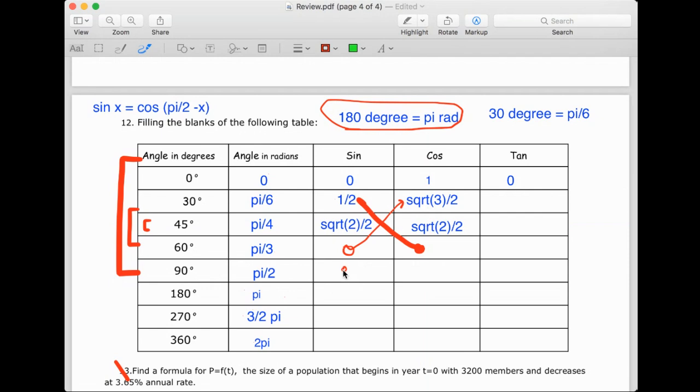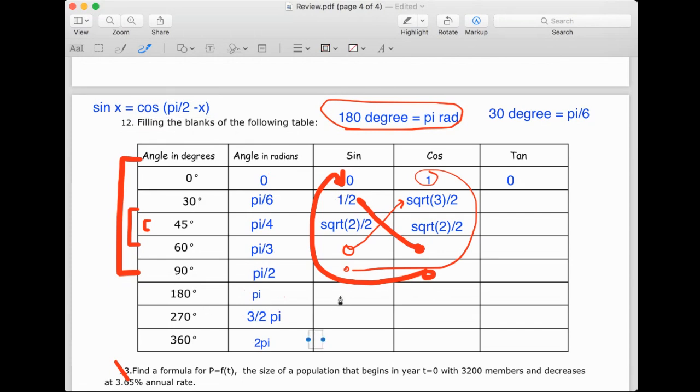So this value is the same as this one, right? Because sine of 90 equals to cosine 0, and cosine 90 equals to sine 0 by this cofunction equation.